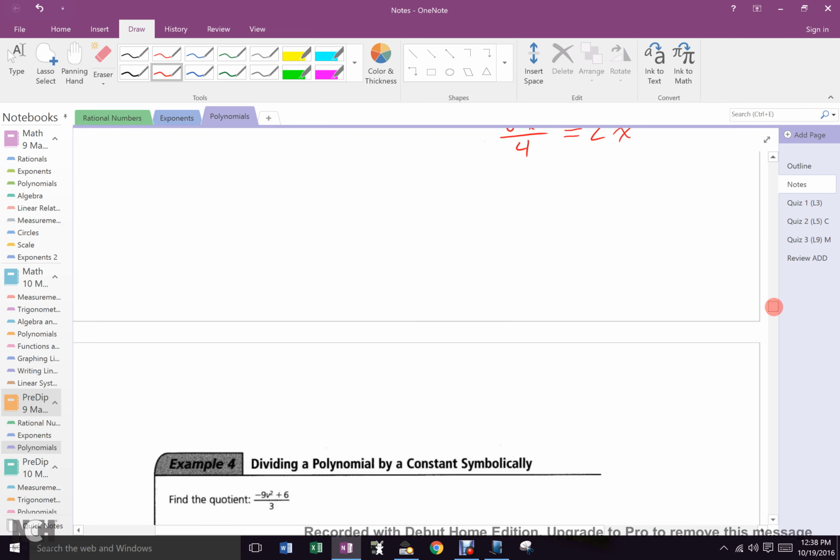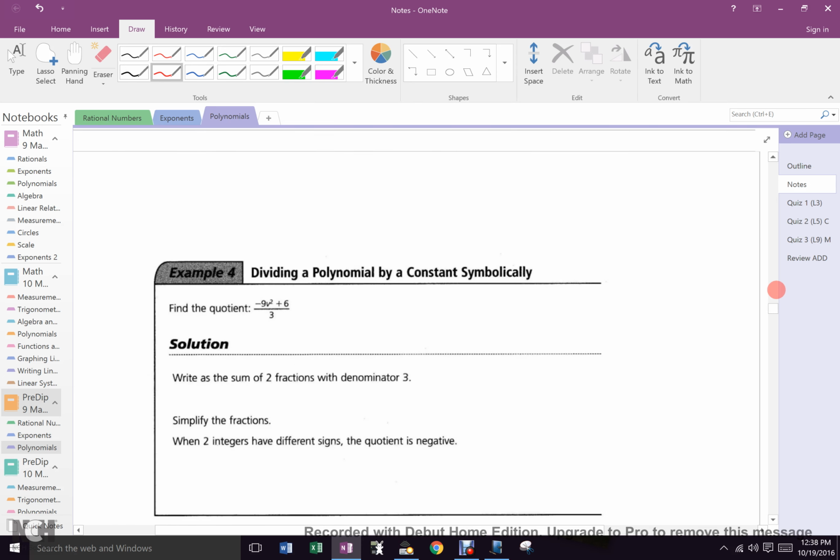So, put all that together and do this. What is this really? Negative 9v squared over 3 and 6 over 3. What is this? Negative 3v squared.